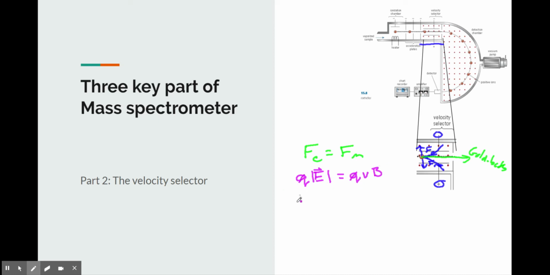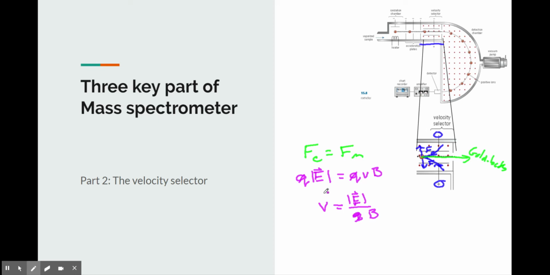We can cancel out Q's, and we can see that the velocity of any charged particle that goes through without being deflected is equal to the electric field strength divided by the magnetic field strength.